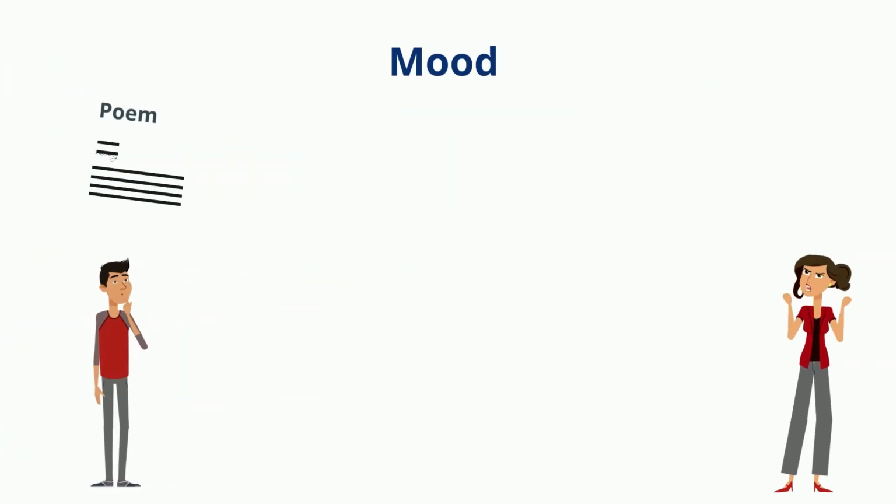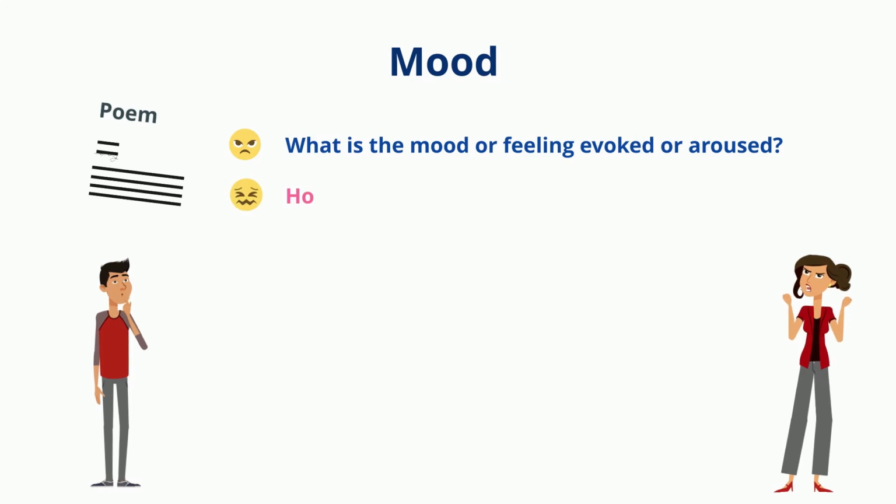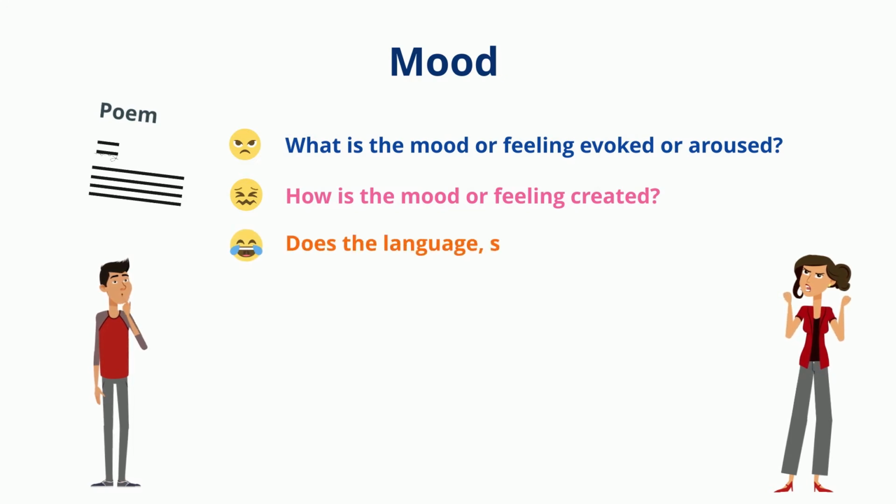Next, the mood created by the poem should be up for question. Mood is the atmosphere created in the poem. What is the mood or feeling evoked or aroused? How is the mood or feeling created? And does the language, style, rhythm of the poem contribute to the mood?